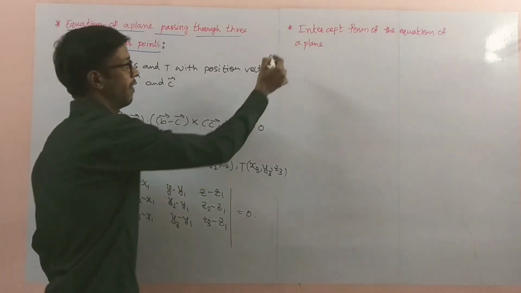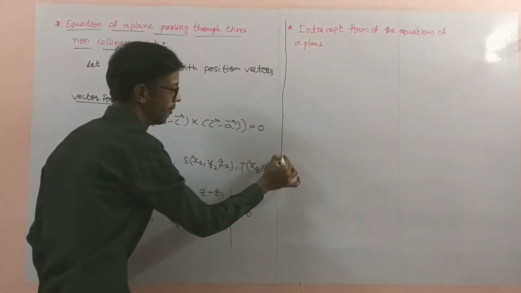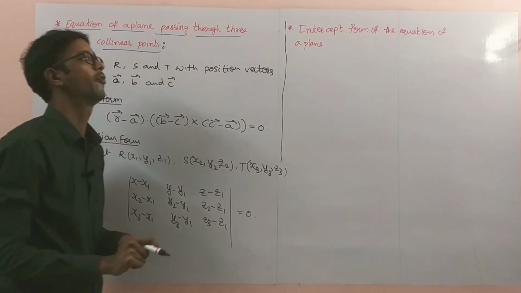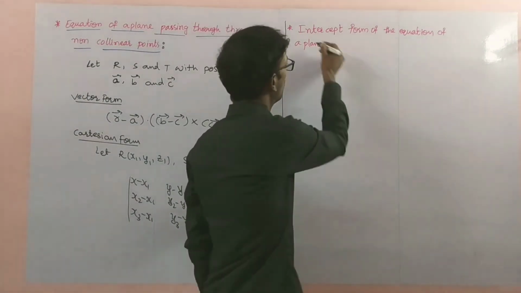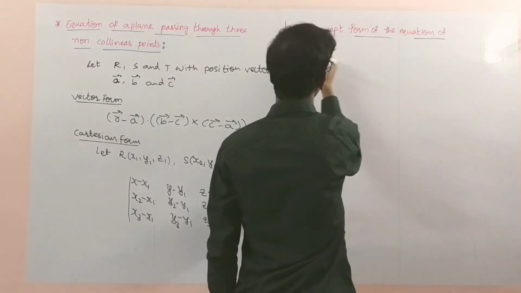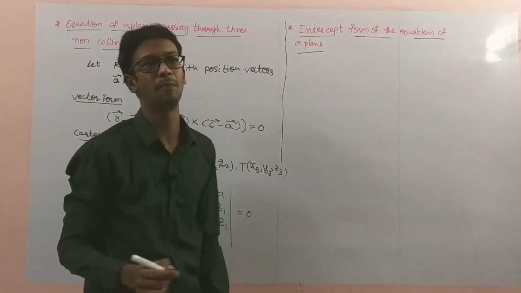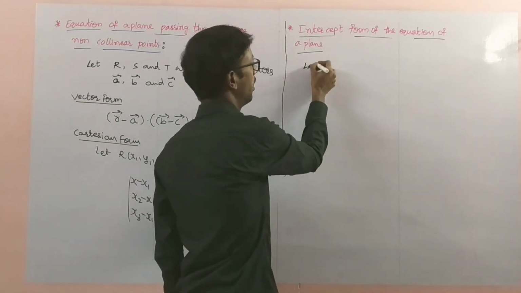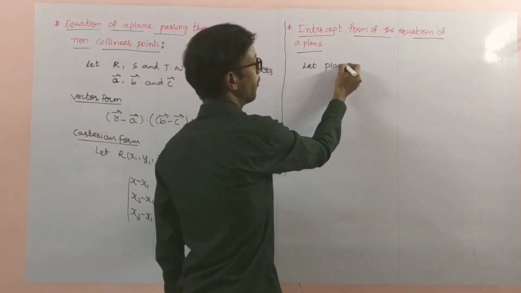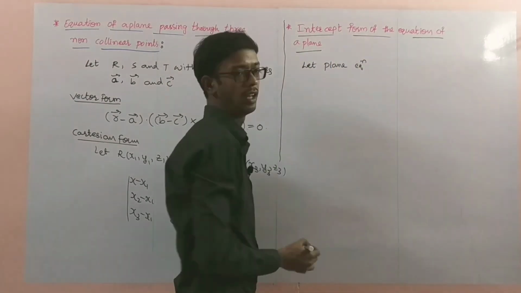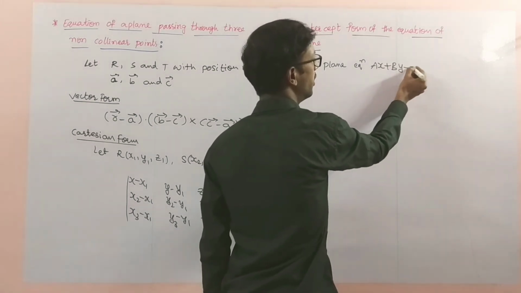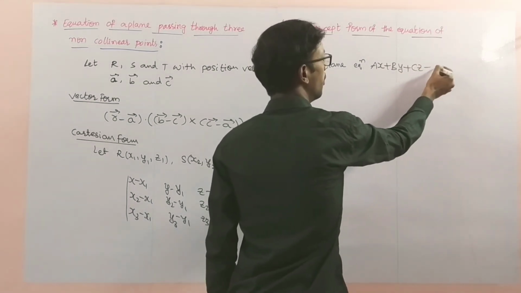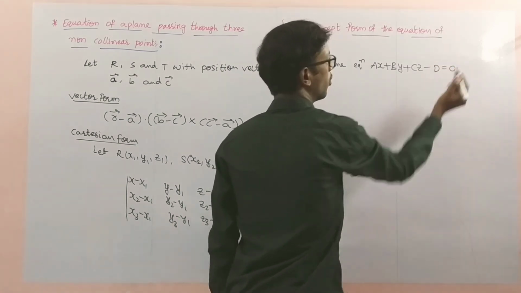So now another concept: the intercept form of the equation of a plane. First of all, I'll take one plane equation. Let the plane equation be ax plus by plus cz minus D equal to 0.